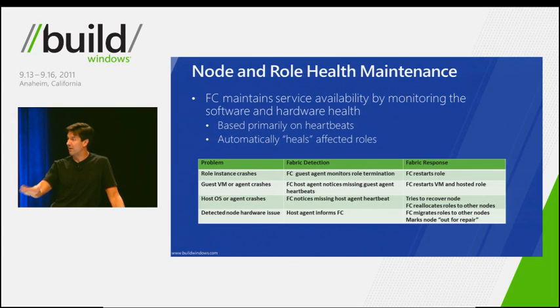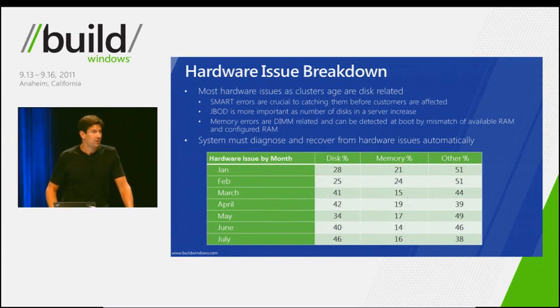We will blow away the OS differencing VHD and start fresh with a new OS because we're afraid that something's been corrupted there. It could be in a bad state, and so we'll try to reset it. If we detect a hardware issue, the host agent informs the Fabric Controller. The Fabric Controller then takes that node out of rotation by doing something called service healing, which I'll describe on the next slide.